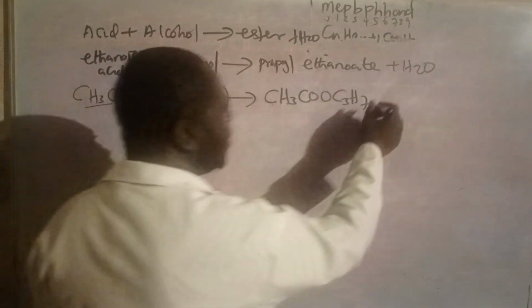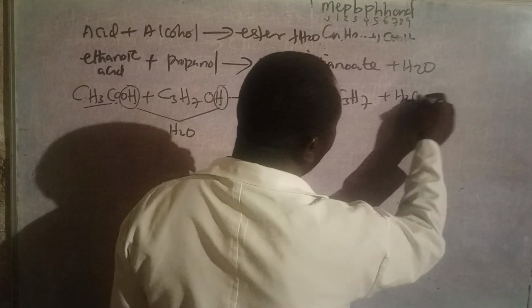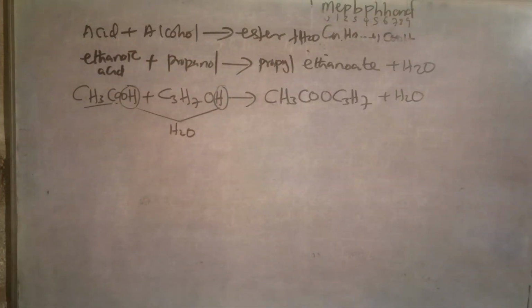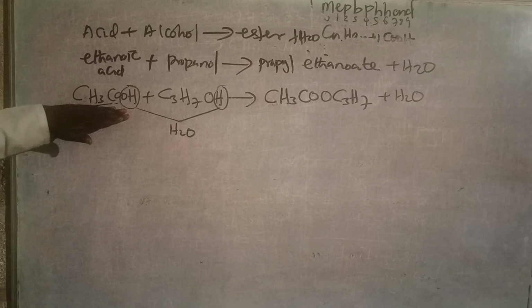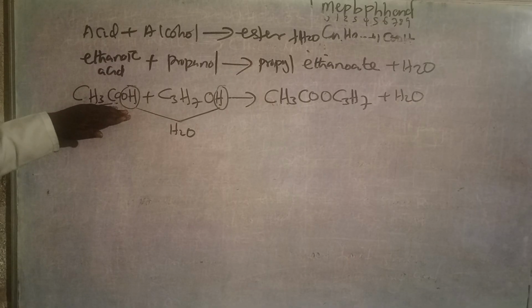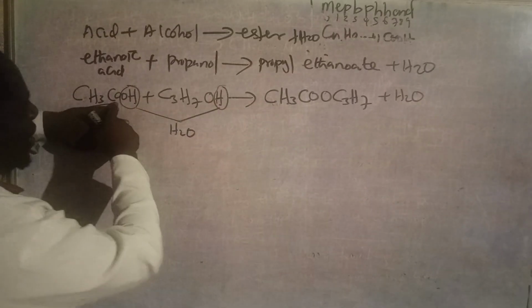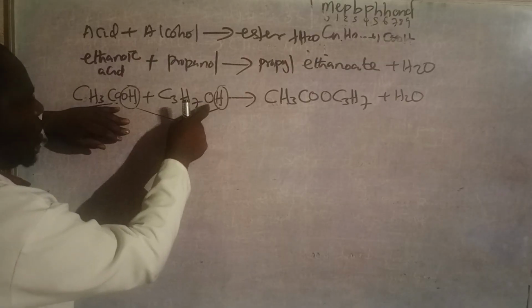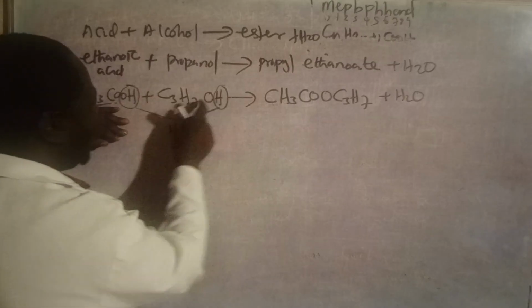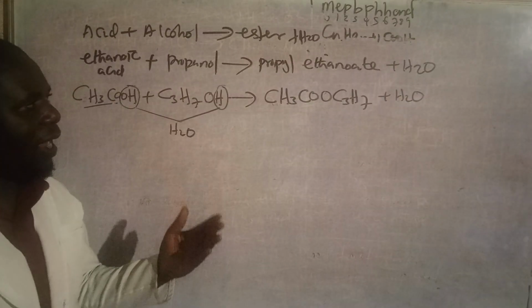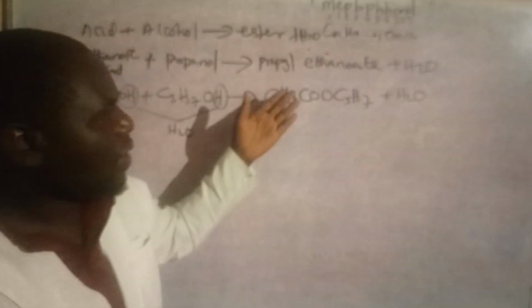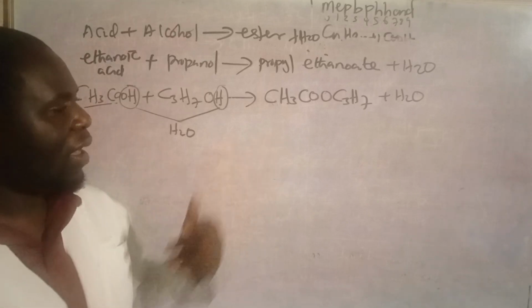Then plus water, like this. Don't forget, when you write the chemical formula, you start with acid. You write the acid here, and when you end here, you write this O here. Then the remaining part at the end. This is propyl ethanoate plus water.